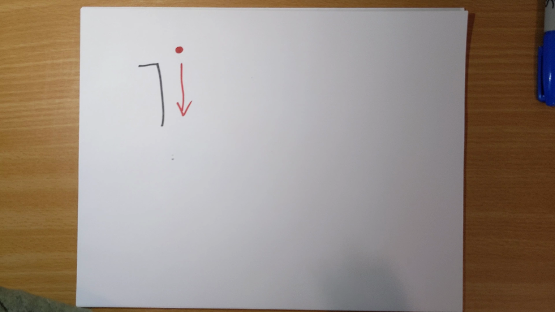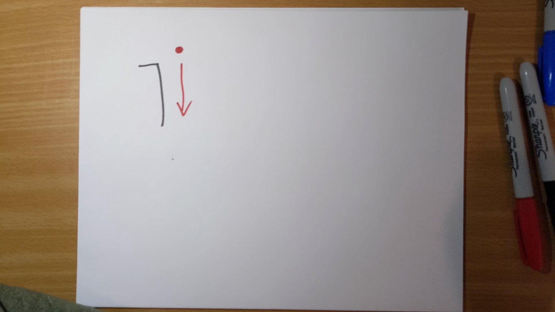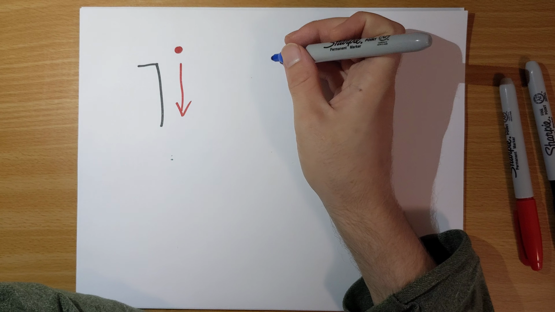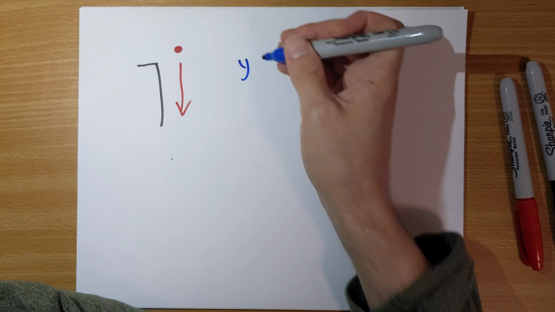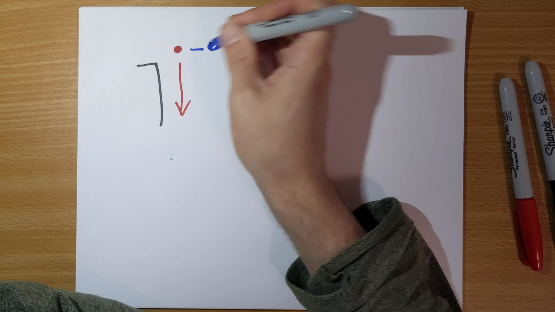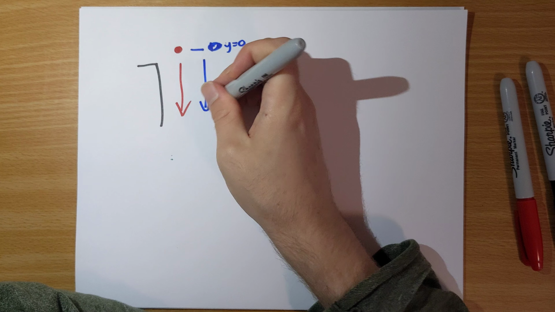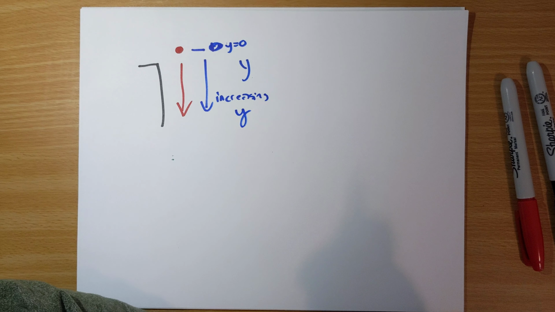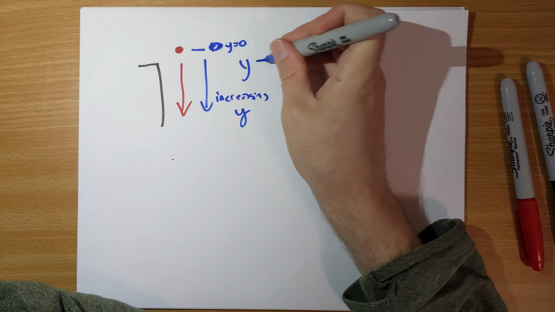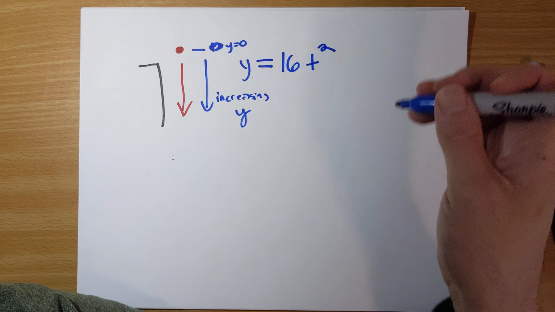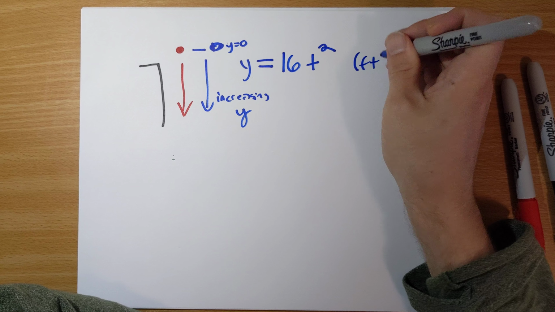As it turns out, ignoring air resistance and stuff like that, a pretty good approximation to the position here: let's say y equals 0 is where we let go, and this is increasing y. So we're measuring the distance traveled, the distance fallen. The formula is going to be y equals 16t squared, measured in feet.